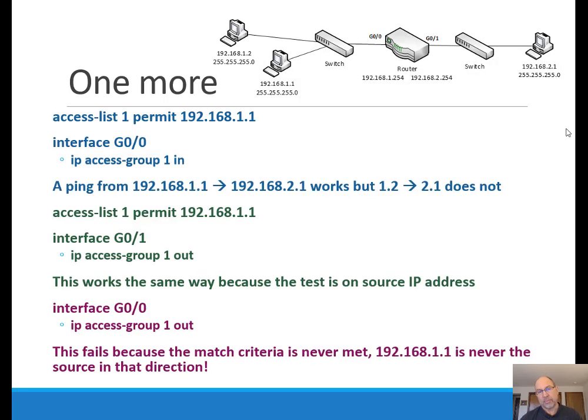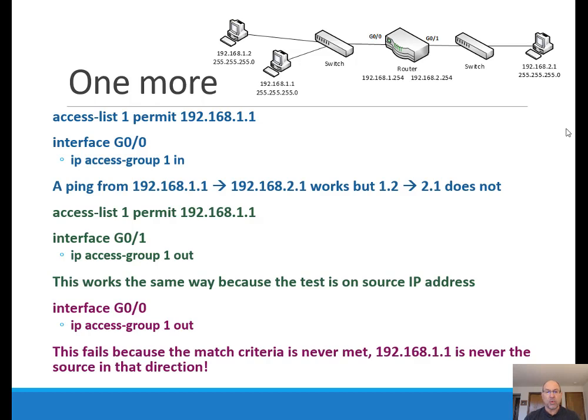All right, let's do one more because we want to really get this direction thing nailed down. Here we've got a topology with a couple of networks: the 1 network on the left and the 2 network on the right. I've got this access list that permits 1.1, and I'm going to apply that to interface G0/0 in the in direction. Then I'm going to ping from 1.1 to 2.1 and see if it works.